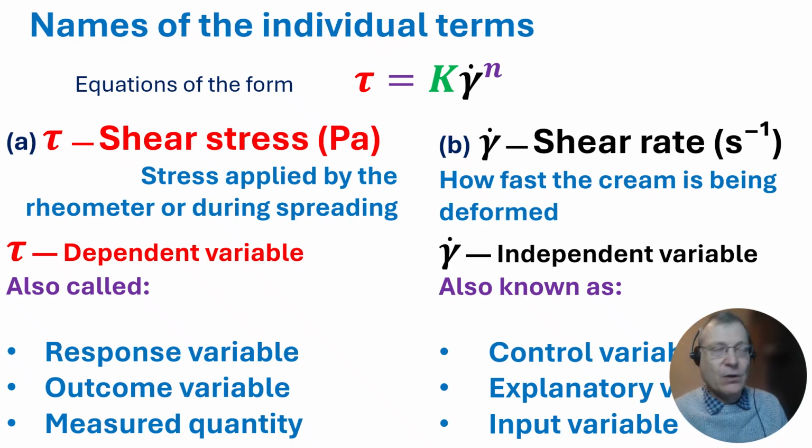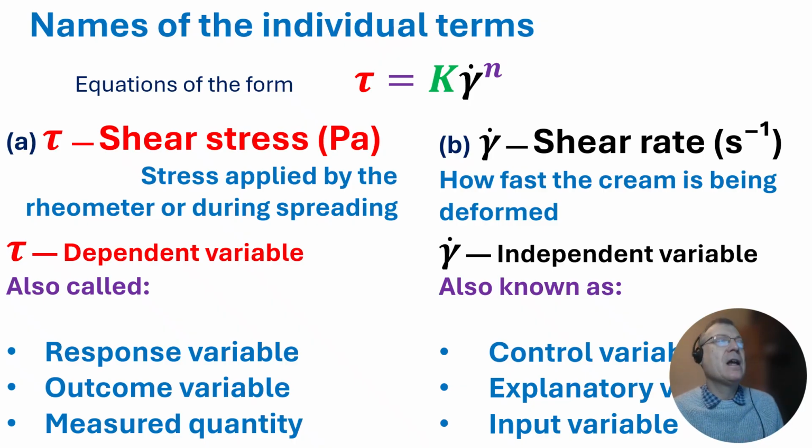That's really quite important. Now how we can actually view this is if we think of it as a normal piece of maths where we have y equals mx plus c. We've simply got our y, which is our tau value, then we've got our K, which would be the equivalent of our m, and then this gamma dot, or shear rate, is what we normally call our x value.